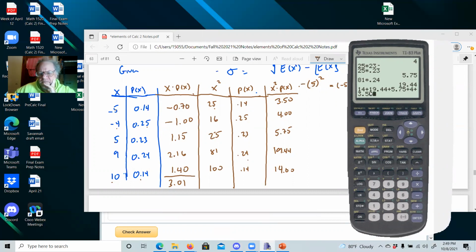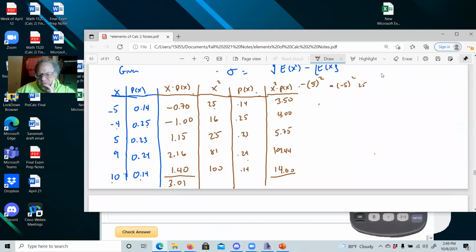I'm trying to make sure I got the numbers right just by looking at them. 14, 1944, 575, $4, and 350 equals. Okay, 46.69. Great.